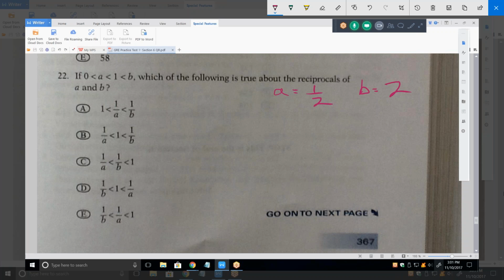Is 1 less than 1 divided by 1/2? Is that a true statement? Yes. Okay. Is that less than 1 divided by 2?